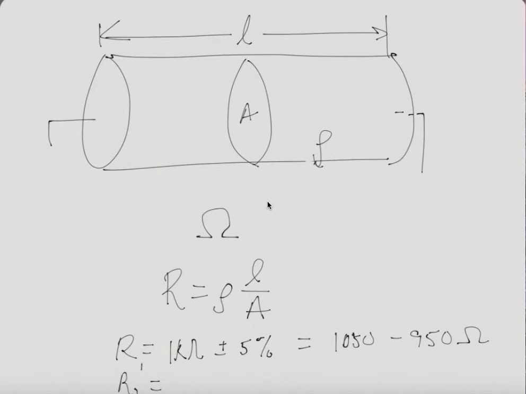R2, similar, if we have 1,500 or 1.5K ohms plus or minus 5%, this is going to yield something like, I think that's 10% is 150, so it'll be between 1,575 and, let's just drop that, 1,425 ohms. So as long as your resistance falls into those values, you are solid.